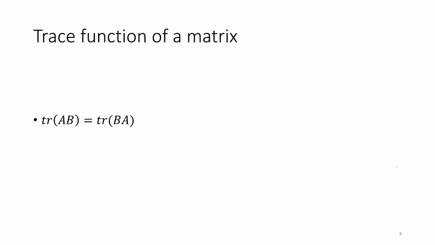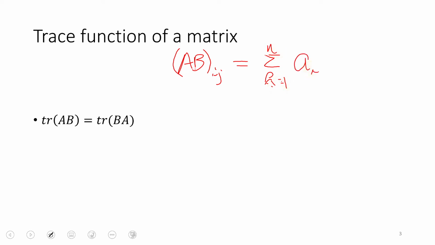So we start from A times B. If we look at the ij element of the product of matrix A multiplied by matrix B, that element is computed from the ith row of A times the jth column of B. If you write it down, that's the summation with k going from 1 to n of Aik times Bkj.